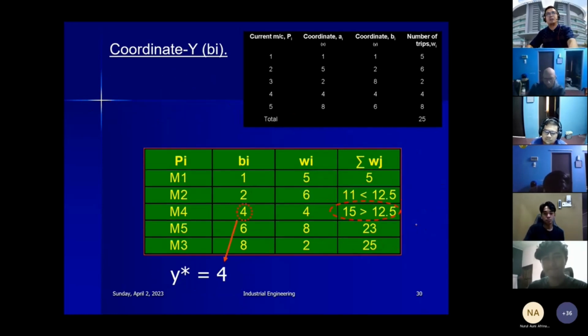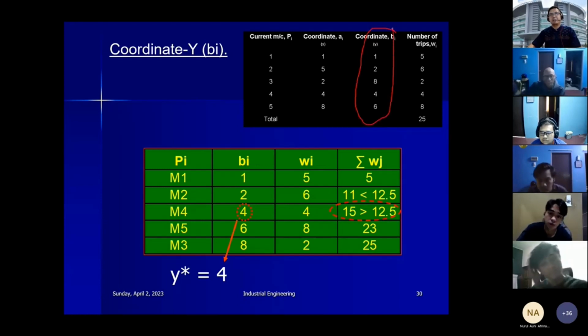So we calculate our coordinate Y, BI. Look at BI. Then please remember, arrange from the lowest value to the highest value first. So which one is the lowest value first? Number 1, M1. Second, this is second. Third one will be here. Fourth one will be here.